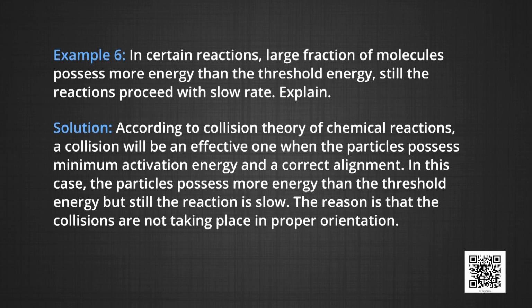The solution is, according to the collision theory of chemical reactions, a collision will be an effective one when the particles possess minimum activation energy and a correct alignment. In this case, the particles possess more energy than the threshold energy, but still the reaction is slow. The reason is the collisions are not taking place in proper orientation.